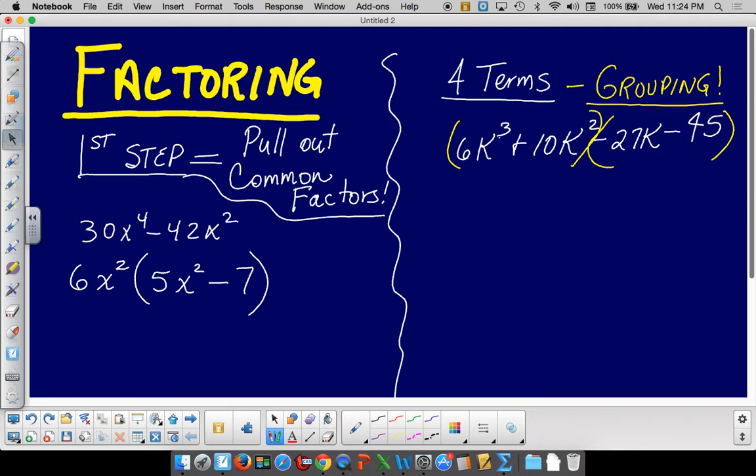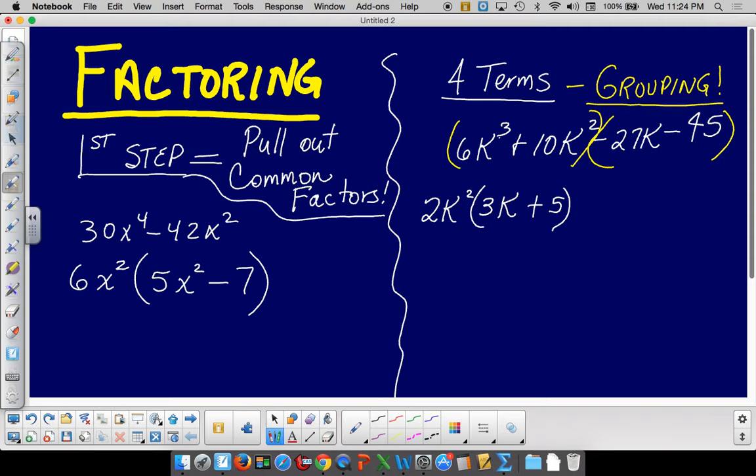So if I pull out a 2 and a k squared, what would be left in there? Well, that would be a 3k left from the 6k cubed. If I take 2k squared out of 10k squared, I would have 5 left. So I really have the quantity 3k plus 5.